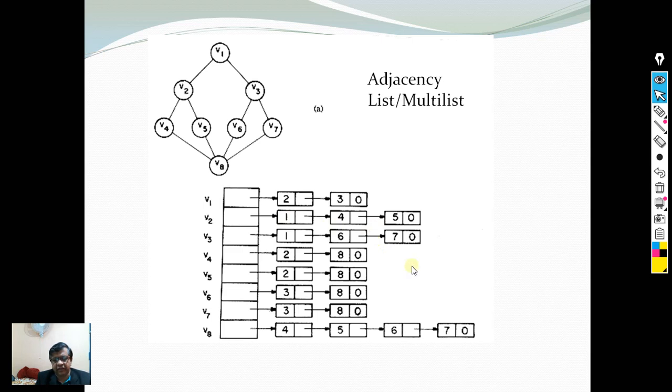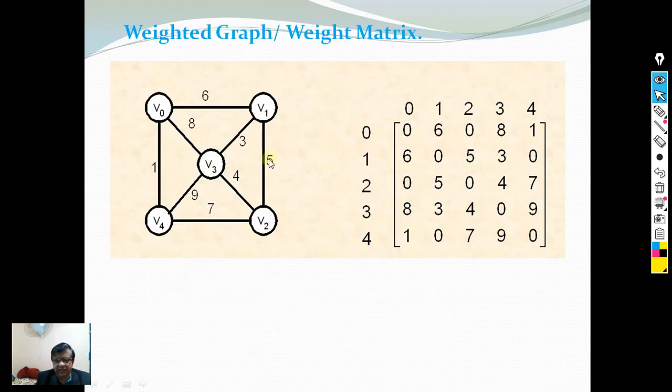So if the array is a sparse array, the adjacency list will provide a linear kind of algorithm. There is no need to have two double for loops over here, and it can be represented in a very compact way. And this is a weighted graph.